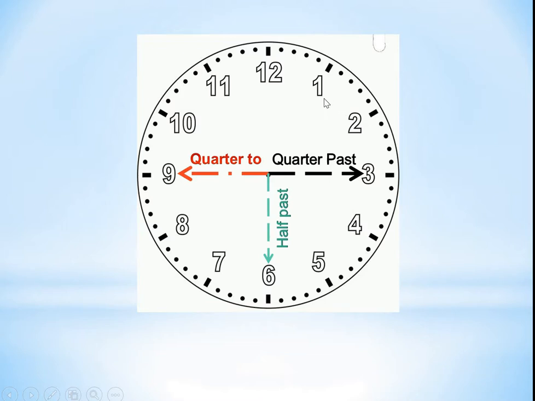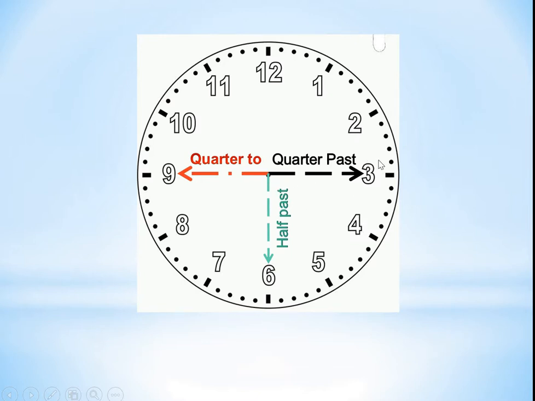If the short hand goes to 1, it's quarter past 1. When the short hand goes to 2, it's quarter past 2. When the short hand is between two numbers, between 3 and 4 for example, we say 3, not 4, because it's still 3. It doesn't become 4 yet.